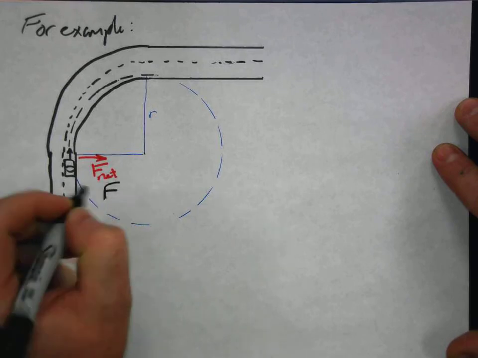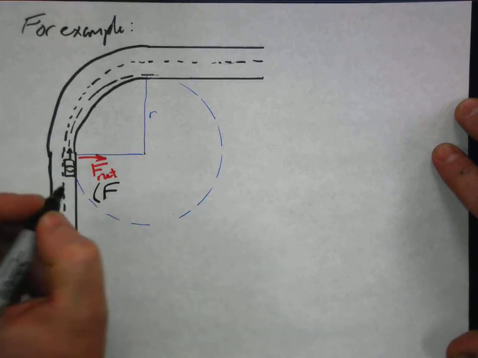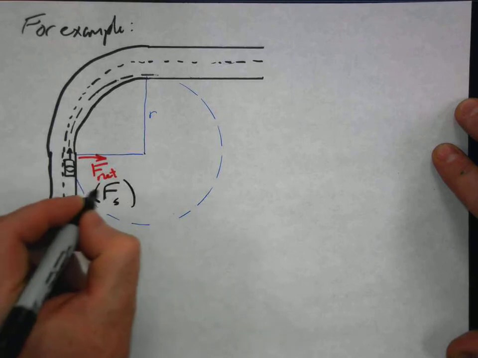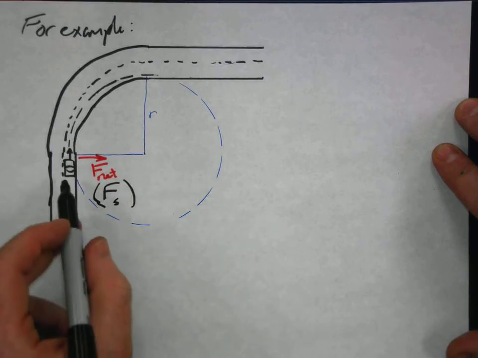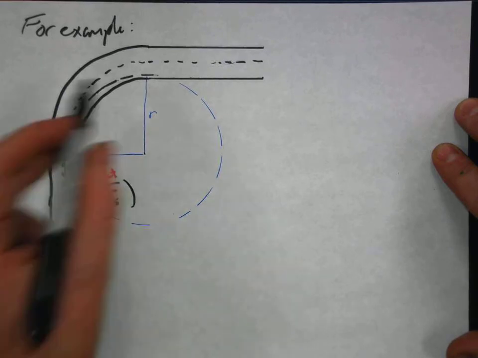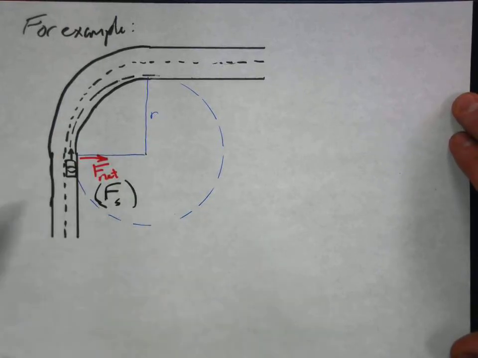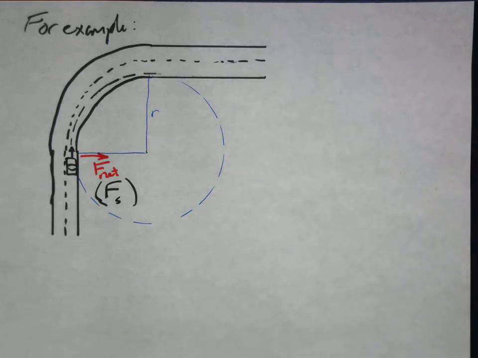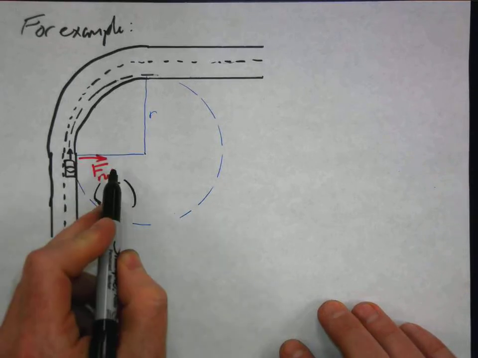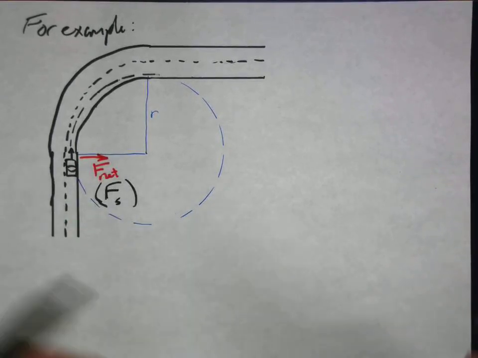Now, if you really understood friction, you would realize that this is static friction force, hopefully, as the car rolls around. Hopefully the tires are not skidding across the pavement. We have static friction, even though the car is moving. So pay attention. Sometimes the source of this centripetal force or this net force is not an obvious source.